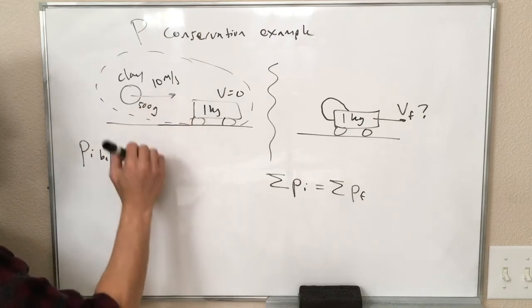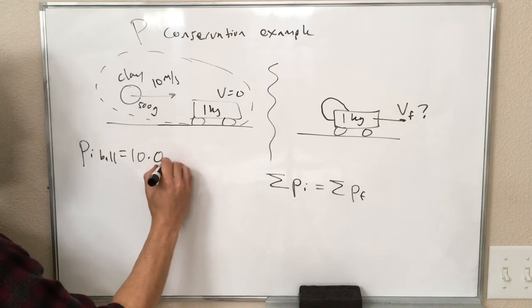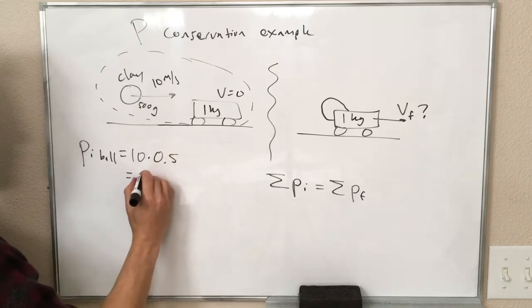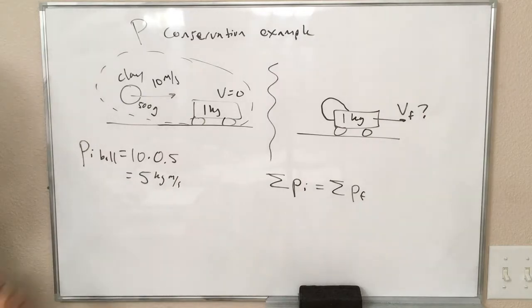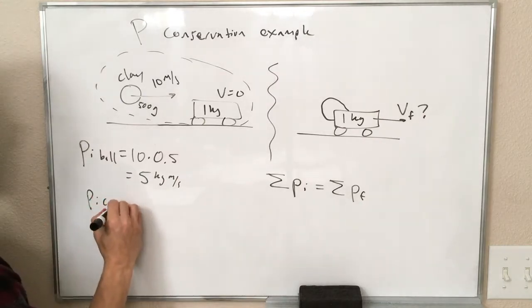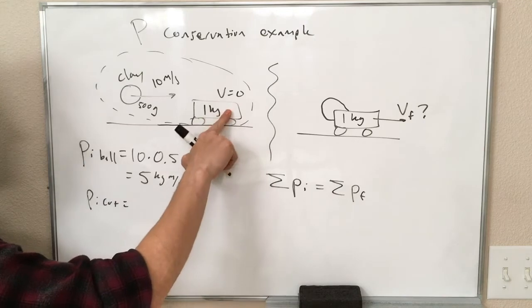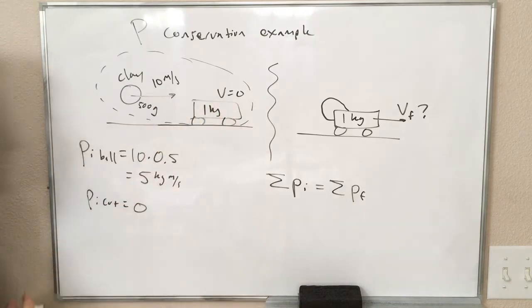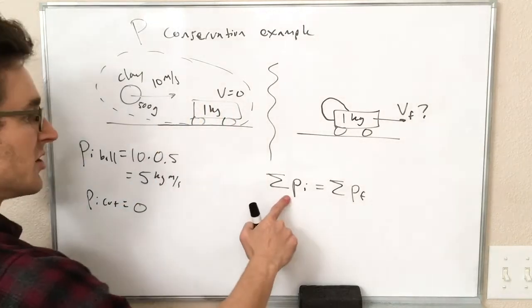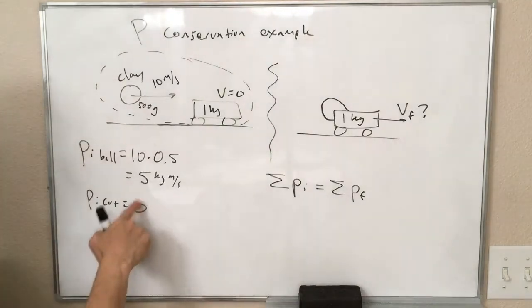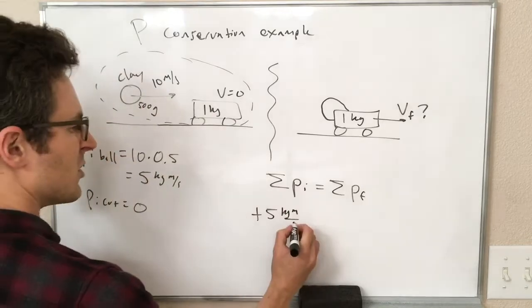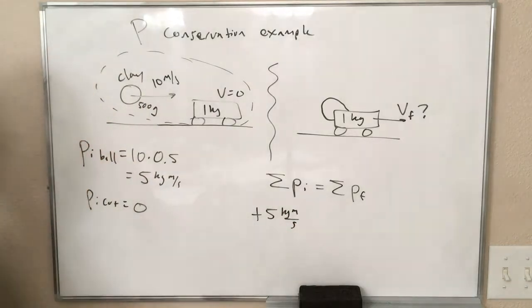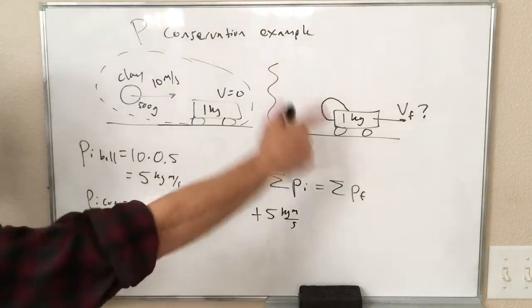That's 10 times 0.5 kilograms, so this is 5 kilogram meters per second. p initial of the cart is 1 kilogram times v equals 0, which is 0. So our total initial momentum is just 0 plus 5, which equals 5 kilogram meters per second. One down.